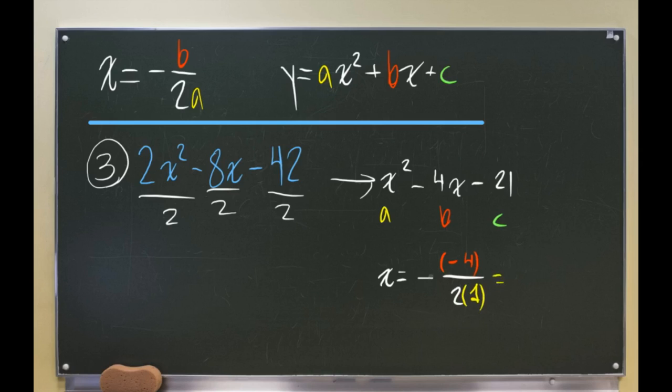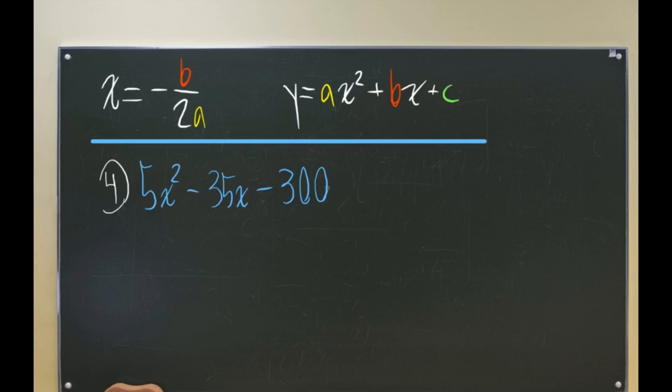So that's equal to, well, before we do that, a negative times a negative is a positive. So we have 4 divided by 2 times 1, which is 2. That's equal to 2. So our axis of symmetry is x equals 2. All right, so try this on your own.